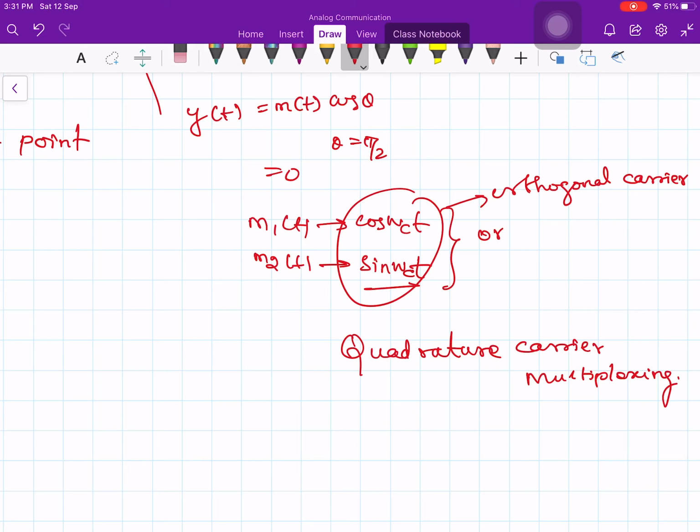So we do not usually think of putting two signals on the same carrier. So that we will discuss in the next lecture. So let me stop at this point. In the next lecture, let us talk about quadrature carrier multiplexing. Thank you.